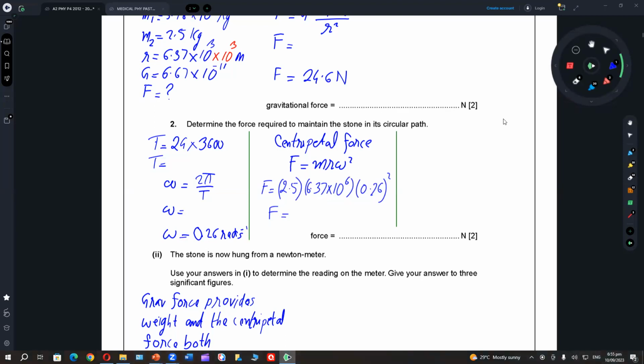But I have shown the conversion. So I made this correction. Whatever you put, you will get the force here.